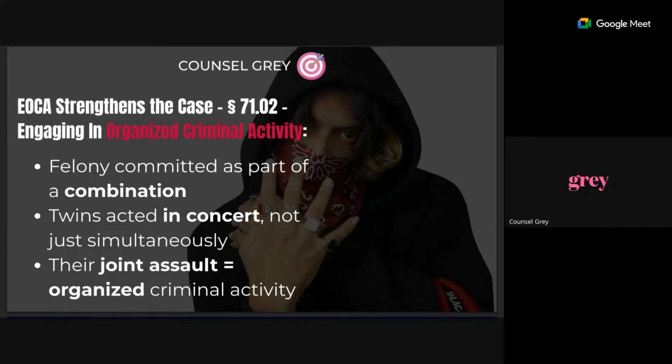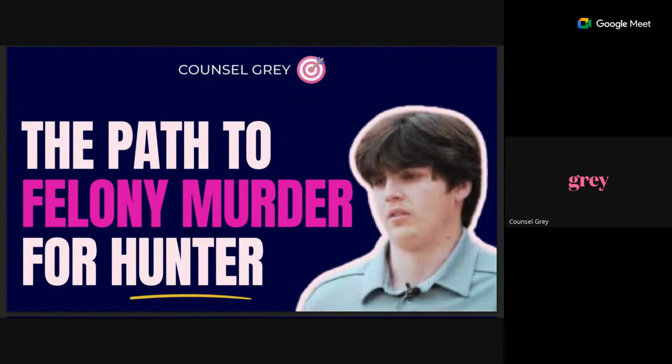So their joint assault equals organized criminal activity. Now, I think the origin of the statute was probably to deal with traditional organized crime and really street gangs. However, the use of it has extended outside of that, and I believe that it could have applicability in this situation. We will see. Okay, so to me, that is the path to felony murder for Hunter.